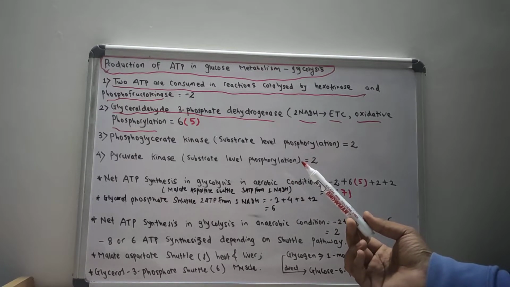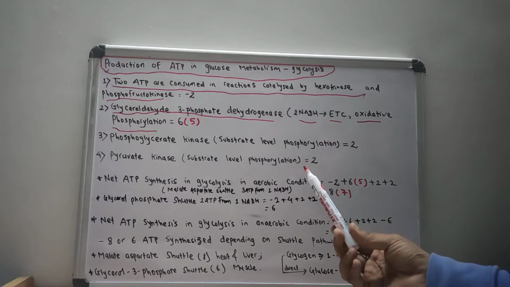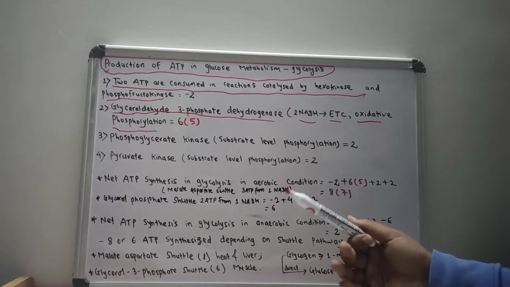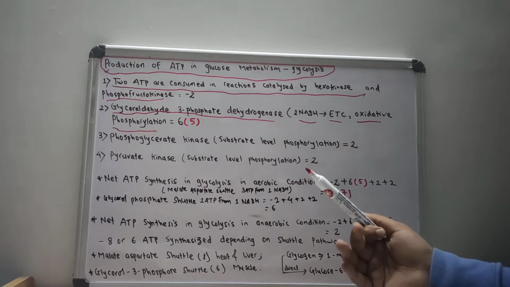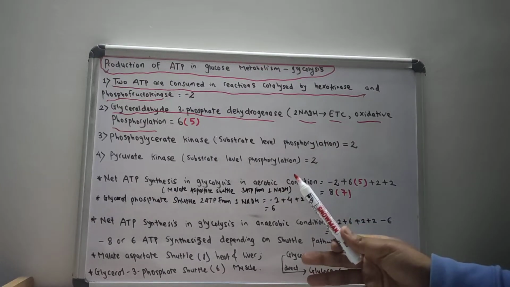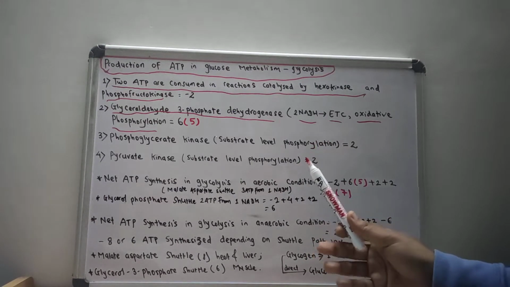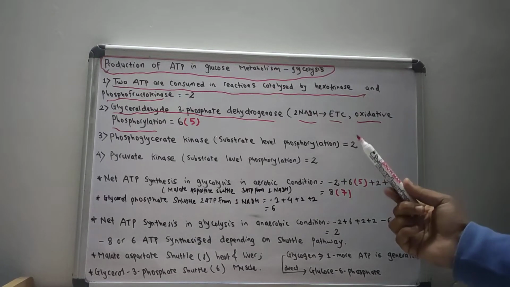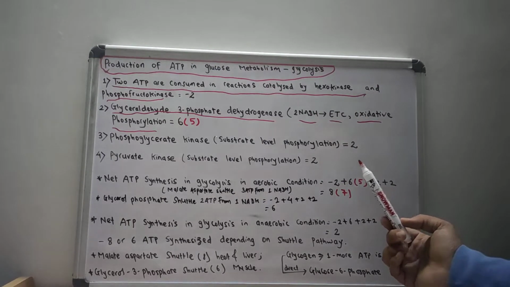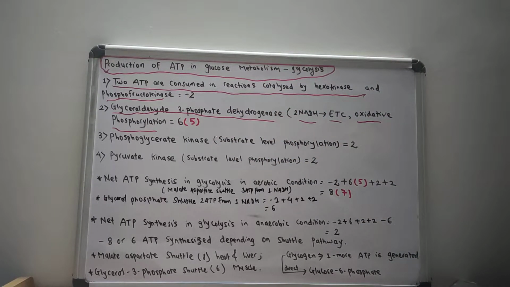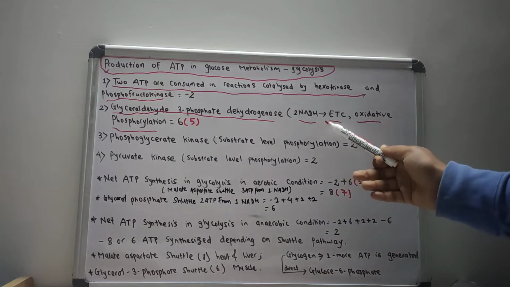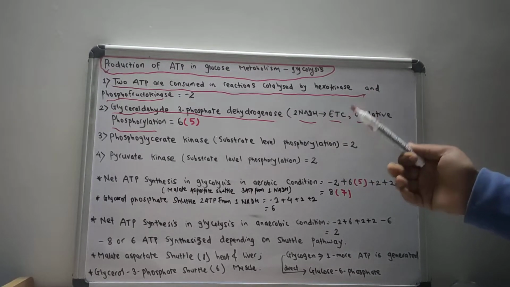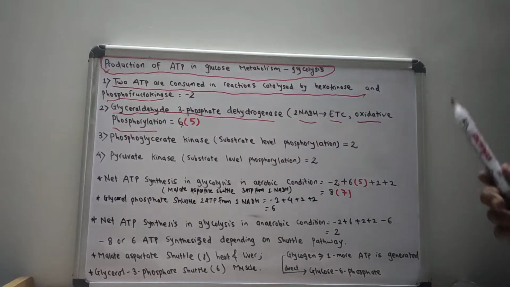As we know, dihydroxyacetone phosphate is isomerized to glyceraldehyde 3-phosphate by triose phosphate isomerase, so there are 2 glyceraldehyde 3-phosphate molecules. So 2 NADH are produced, and those 2 NADH move towards the electron transport chain, producing 6 ATP.